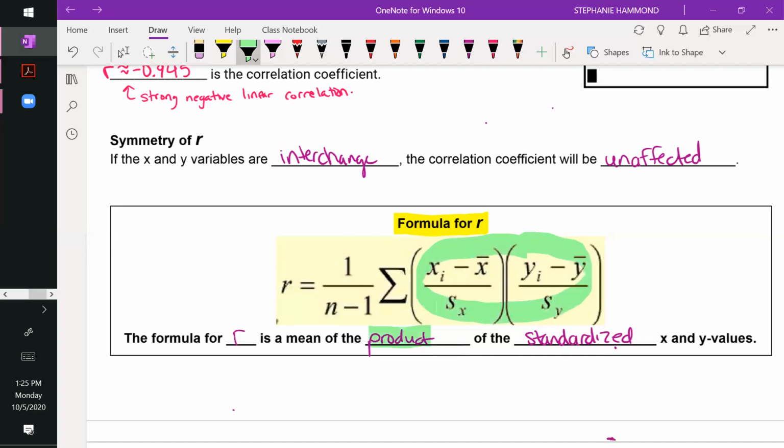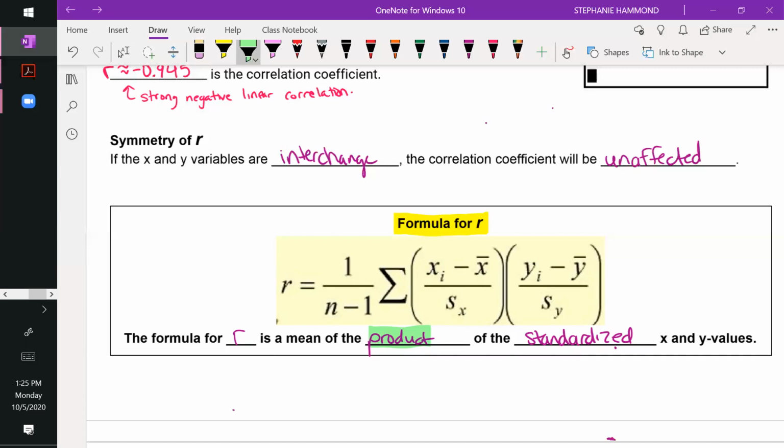And we're adding all of those products together and then dividing by almost the number within the set. And this is just like with the sample standard deviation, where we don't quite divide by n to account for error in sampling. So this gives us the mean of all of the products of all of the standardized X and Y values, all their Z-scores. And that ends up being R, the correlation coefficient.